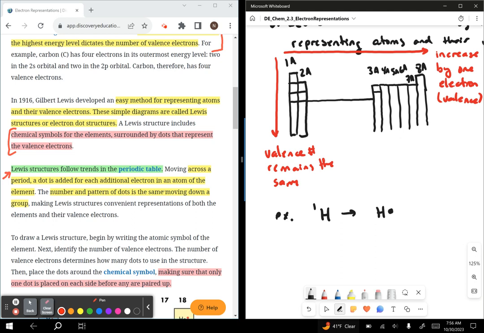And the reason why it has 1 dot is because it has a sphere, remember, and in that 1s level, it has 1 electron. This is our 1s, right? So 1s1, I guess, is what we could write that down.